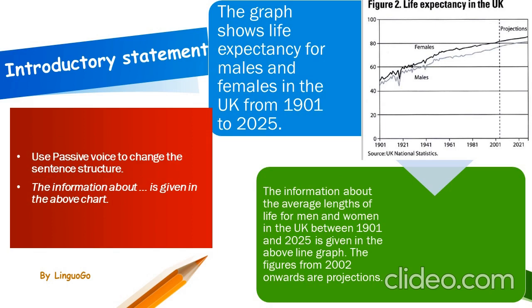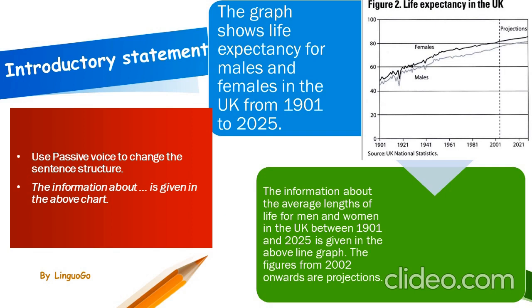The figures from 2002 onwards are projections. Projections means something like predictions, a synonym for predictions. As you see here, they use synonyms for males and females as men and women, and even when they give the date, they use different words between and this.